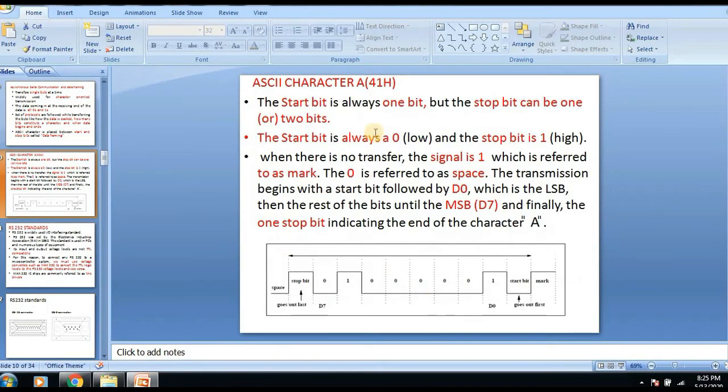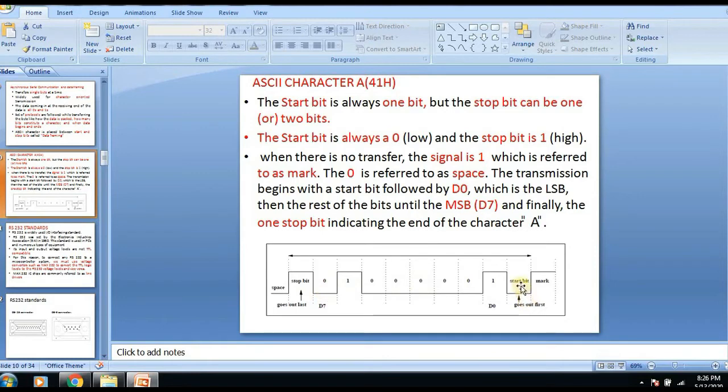Now we will take an example of how data framing takes place in asynchronous transmission. Here we are considering the ASCII character A, and the ASCII equivalent value for A is 41H, that is 01000001. Always this ASCII character is placed between the start bit and the stop bit.